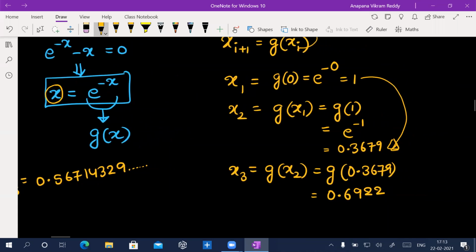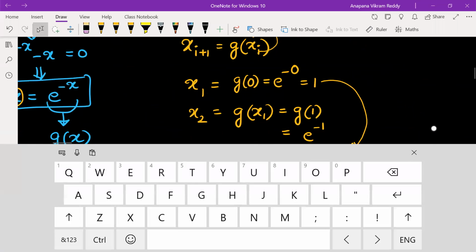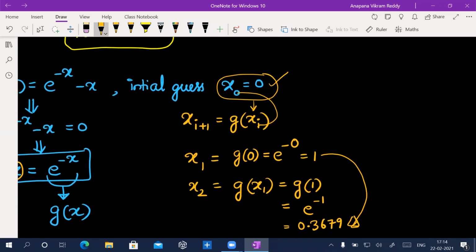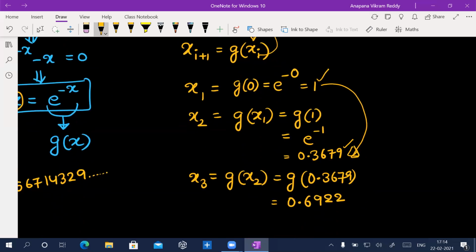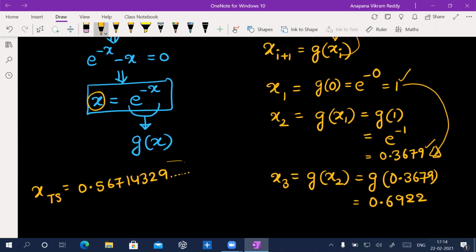See, we started from initial guess 0. Then we came to 1, and from 1 you came to 0.3679. But in the second iteration you came to 0.3679, but you're expecting 0.56714.